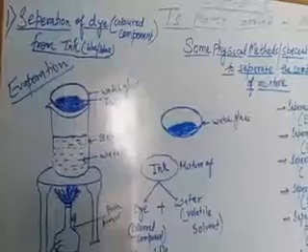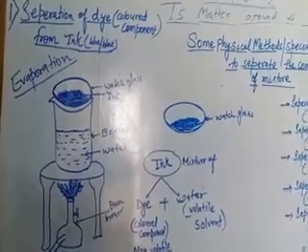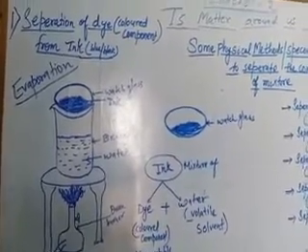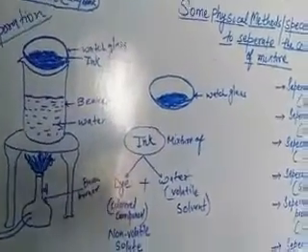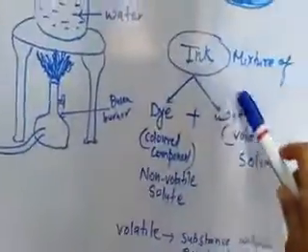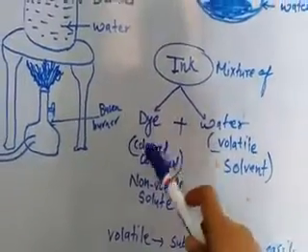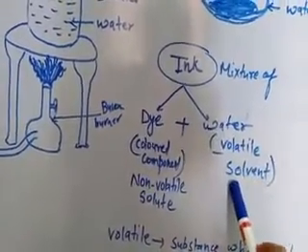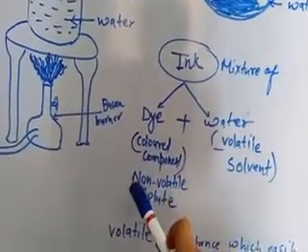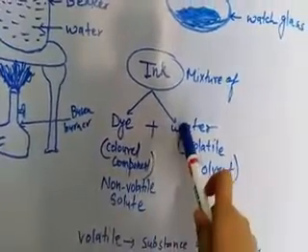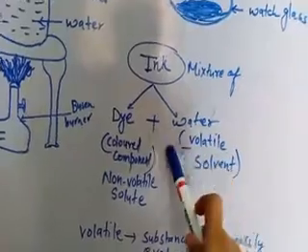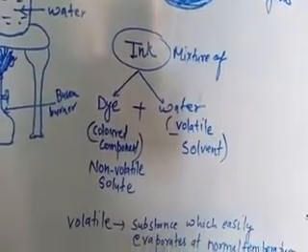So you should know what an ink is. Ink is a mixture of dye and water, where dye is a solute and water is a solvent. Dye is called the colored component and it is non-volatile in nature, and water is a solvent which is volatile in nature. Now you should know what you mean by volatile and non-volatile.